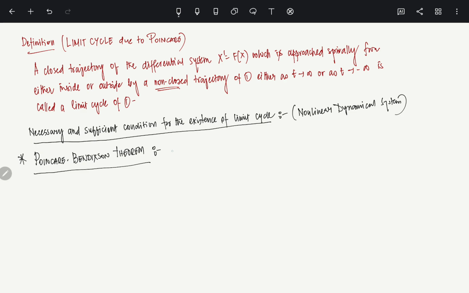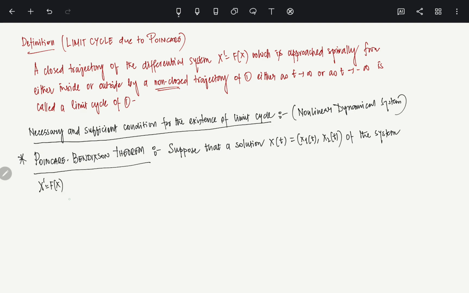So suppose that a solution x of t, which is given by x1 of t, x2 of t, of the system 1, or maybe I can write down the system x prime equals f of x.